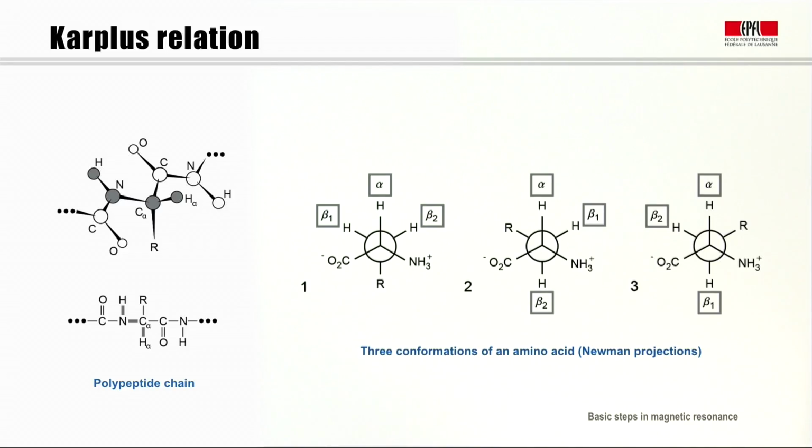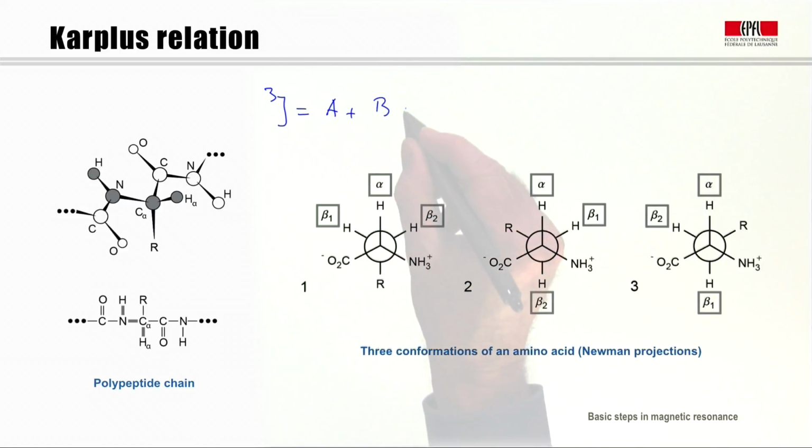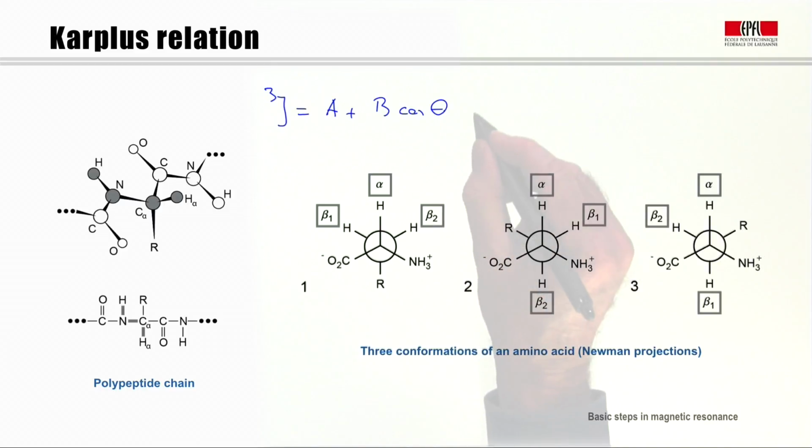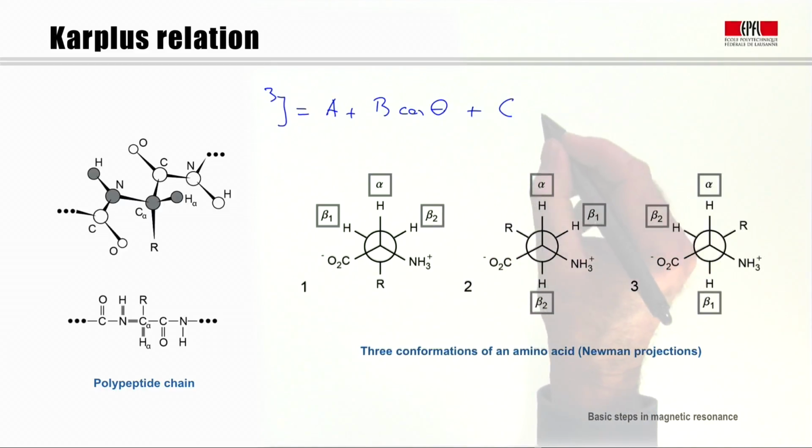Karplus postulated a famous equation which bears his name, and it says that a 3-bond coupling is proportional to a constant A, plus a factor B times cos theta, which is the dihedral angle, plus a parameter C times cos squared theta.